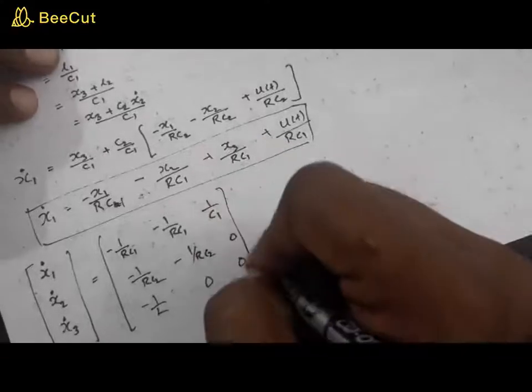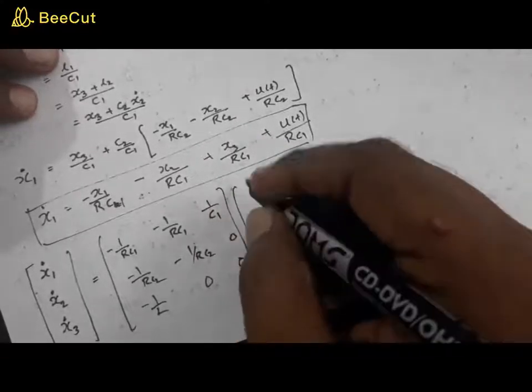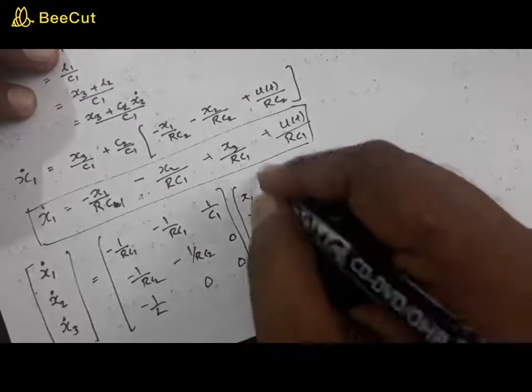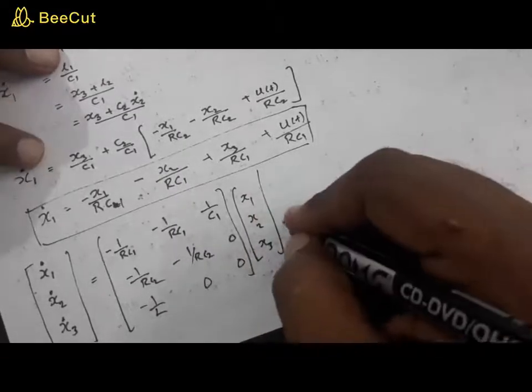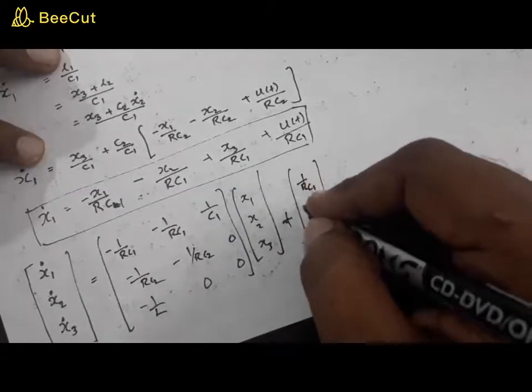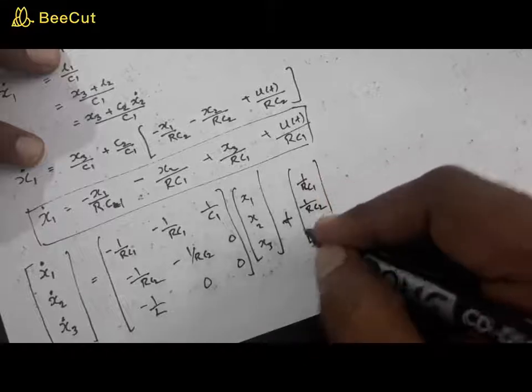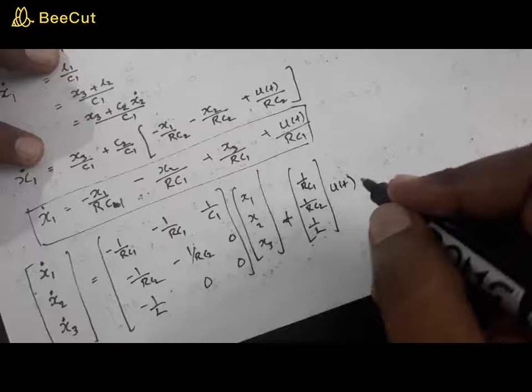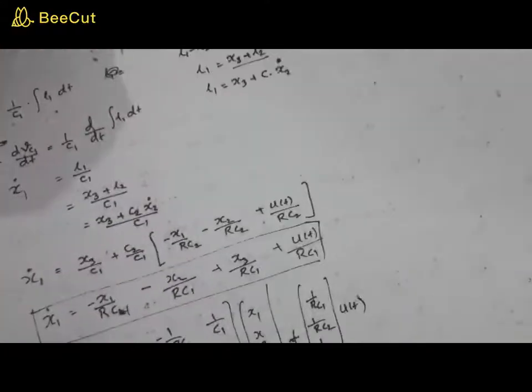So you can straight away represent those equations in the form of matrix x1, x2, x3, okay, plus another matrix which is 1 by RC1, 1 by RC2, 1 by L into u of t, right? Now what is your output? Output is VC2.